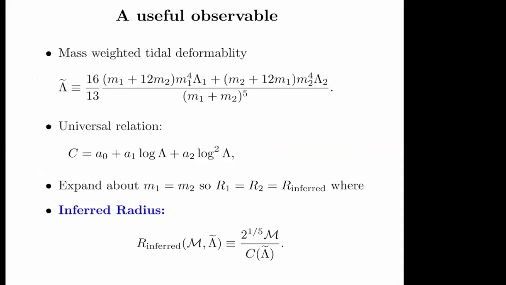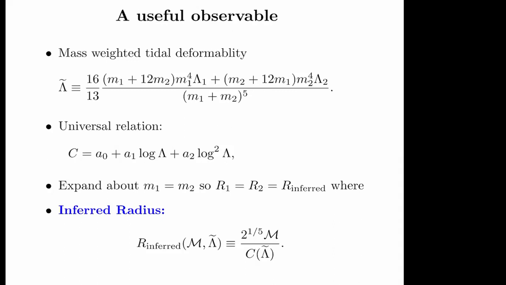If you take this relation and you expand it about m1 equals m2, so r1 is equal to r2, and I'll call that common radius the inferred radius, a little bit of algebra can show you that that inferred radius is related to the chirp mass and lambda tilde as follows in this simple equation that I've written down here.